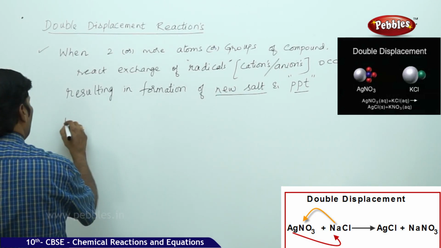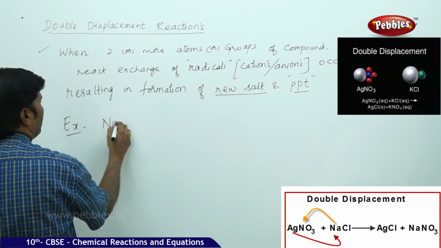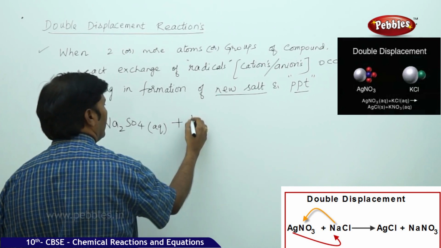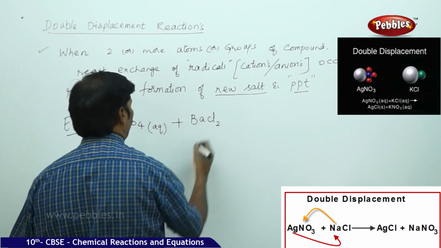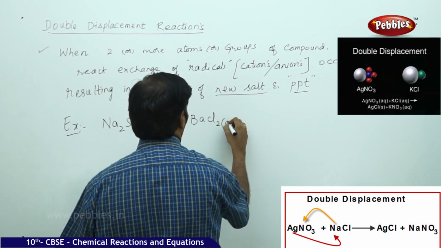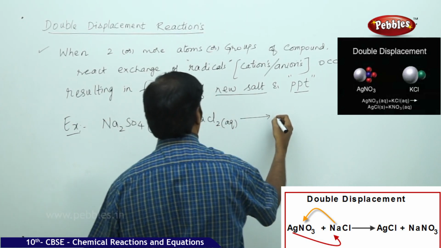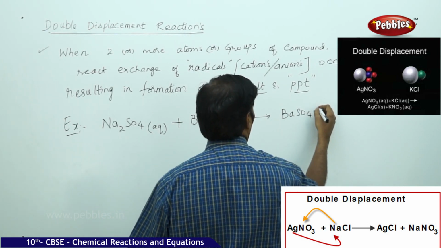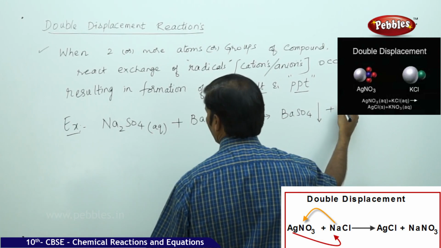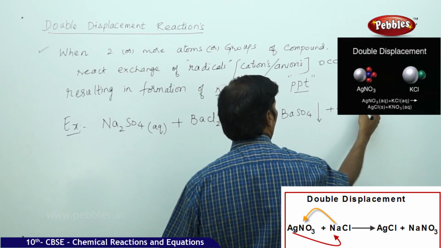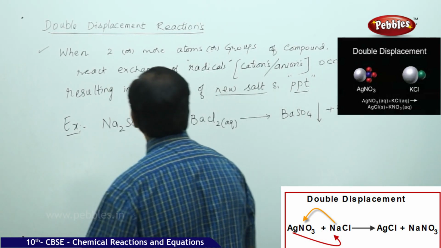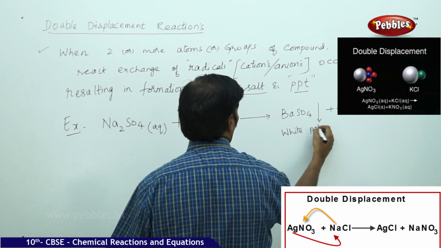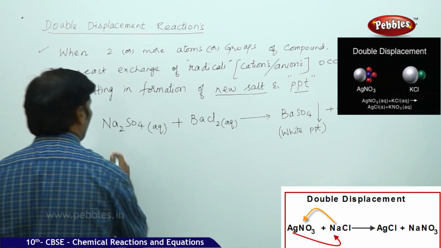Suppose, for example, we take sodium sulphate aqueous plus barium chloride aqueous. It gives barium sulphate precipitate (downward arrow) plus sodium chloride aqueous. So what you are noticing here is a white precipitate. What are the ions involved here?